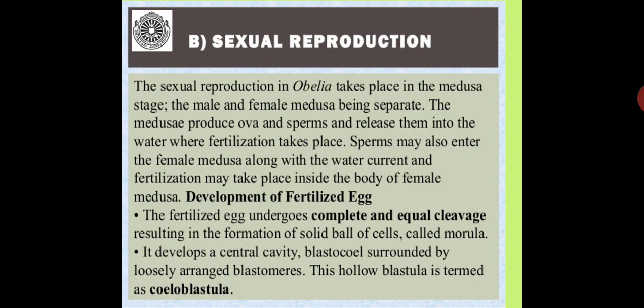The development of fertilized egg. The fertilized egg undergoes complete and equal cleavage, resulting in the formation of a solid ball of cells called morula. It develops a central cavity, blastocoel, surrounded by loosely arranged blastomeres. This hollow blastula is termed as coeloblastula.